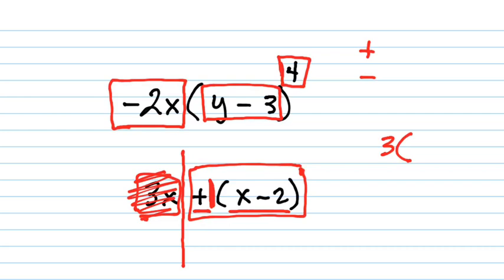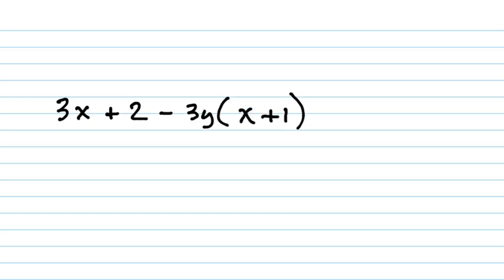Okay? So let me write down another, and all I want you to do is tell me where the bracket actually begins. Okay? Where does this bracket actually start? At the end? Okay.